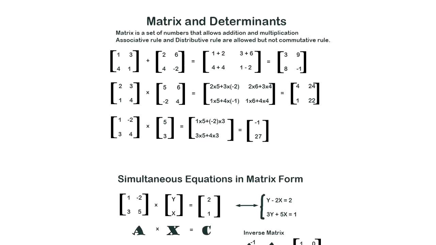Okay, so what is a matrix? A matrix is a collection of numbers. So use this kind of bracket, or sometimes use a round shape. This is 2 by 2.